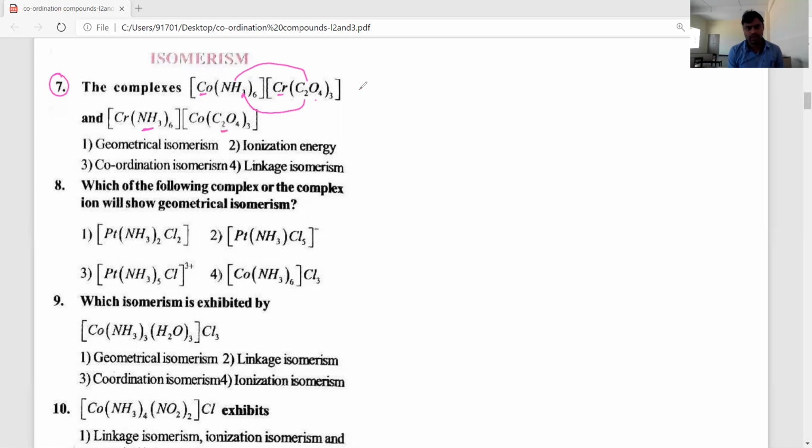So the ligands are exchanged between the two coordination spheres, and they have the same molecular formula.